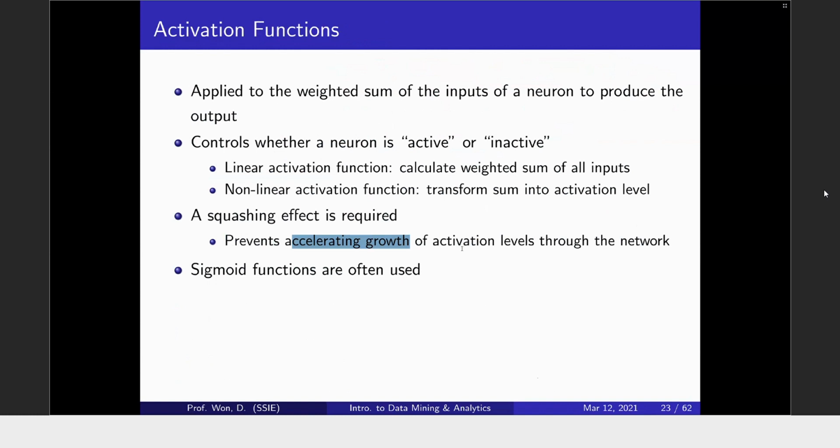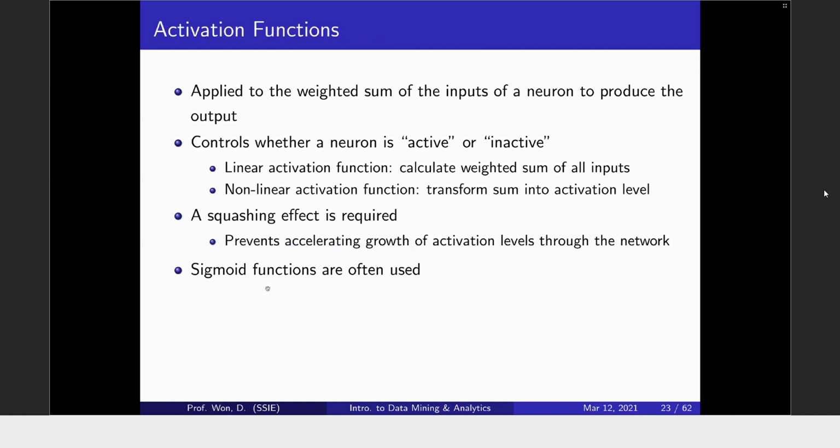Then we need some modification to scale down the number. Think about it: we start from 1 or 2, but after some calculations the output is going to be 1 million, 2 million, a very big gap. Then we need to keep similar scales of numbers.